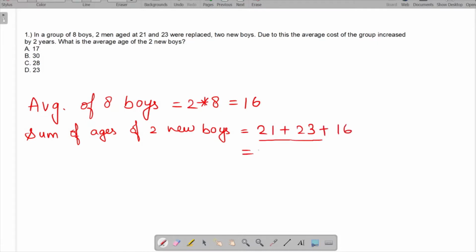So this will be the total age of the two boys who have joined. The total for this will be 60, and so the average of this is 60 by 2. So our answer will be 30, which is option B.